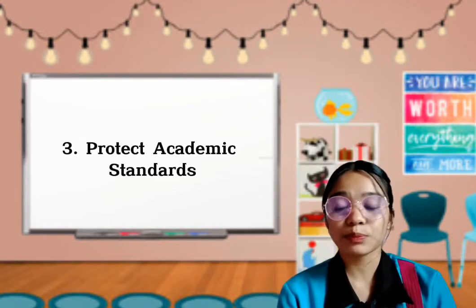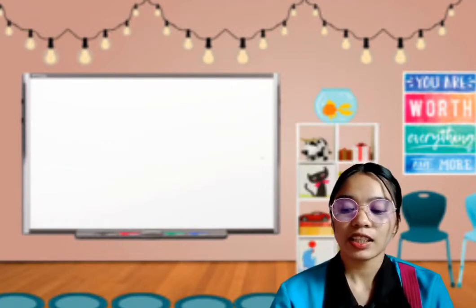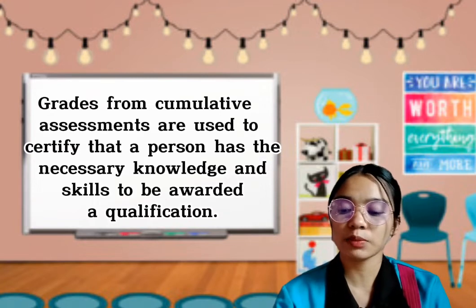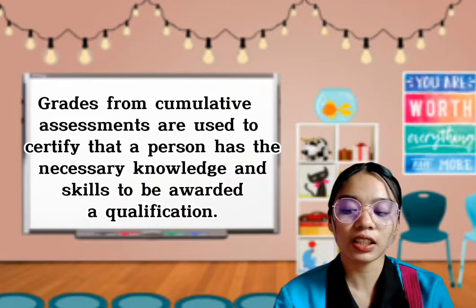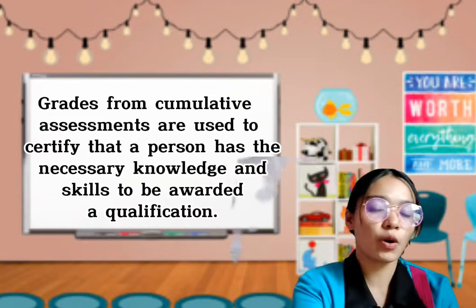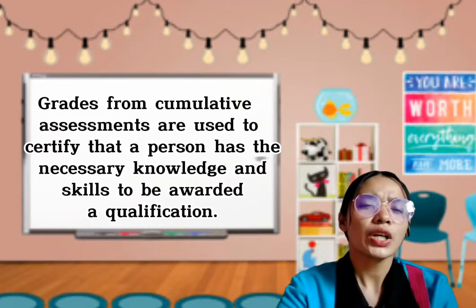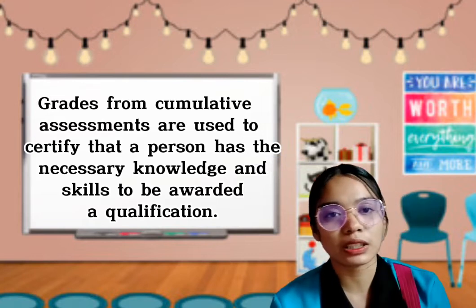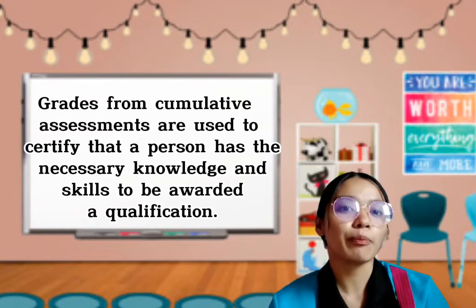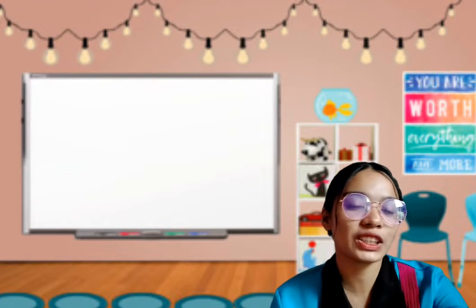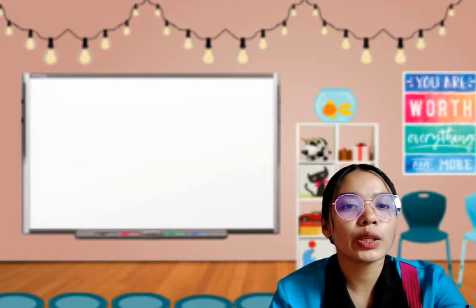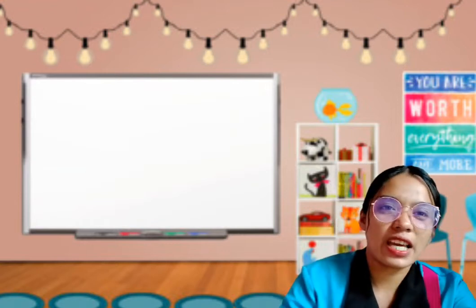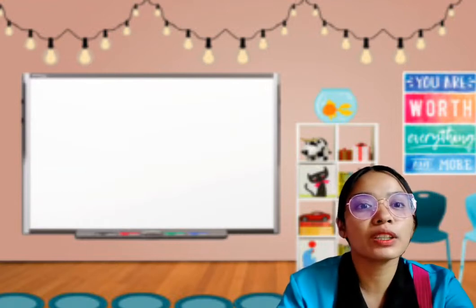The third one is protect academic standards. Grades from cumulative assessments are used to certify that a person has the necessary knowledge and skills to be awarded a qualification. So when we say cumulative assessments, this is where an exam covers all the lessons that we've tackled, like for the first quarter, which you've tackled in about 2 or 3 months.